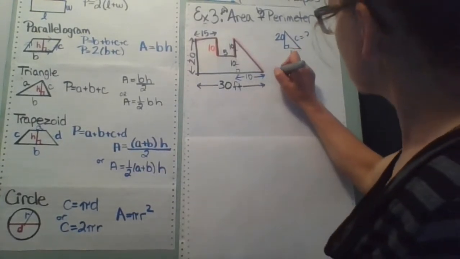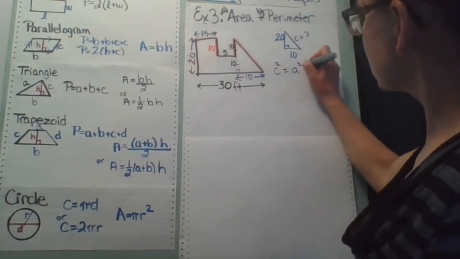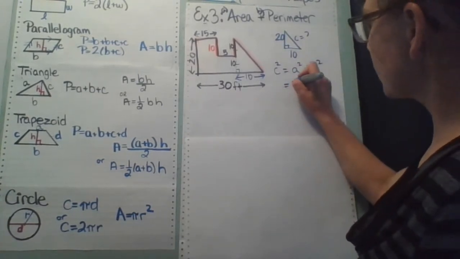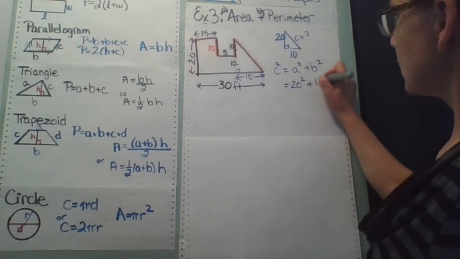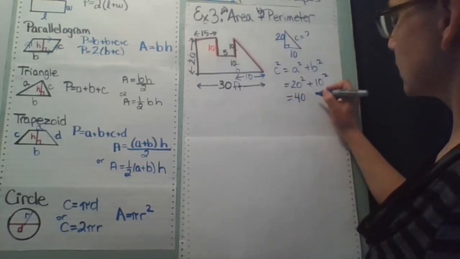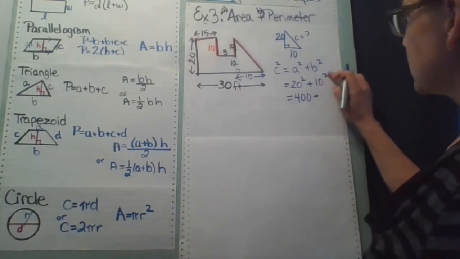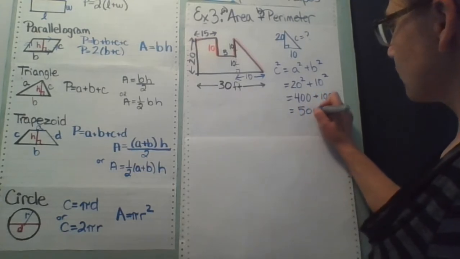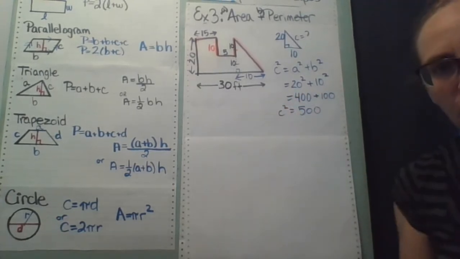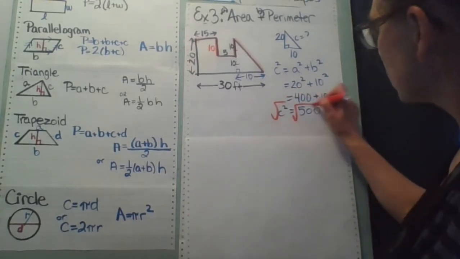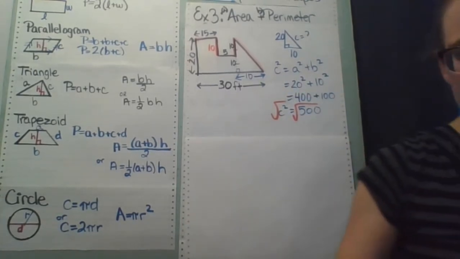Pythagorean Theorem. C squared equals A squared plus B squared. So long side squared equals short side squared plus short side squared. 20 squared is 400. 10 squared is 100. 4 plus 1 gives me a total of 500. Opposite of squaring is square root. Take the square root of each side.